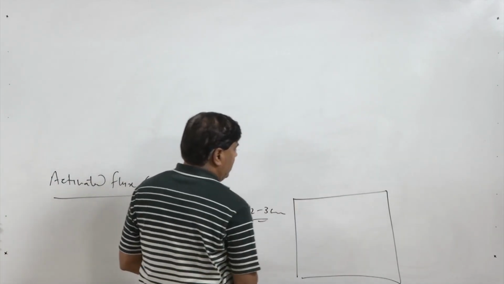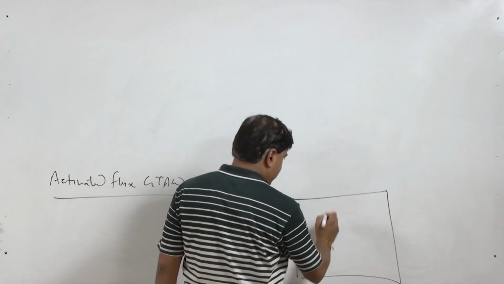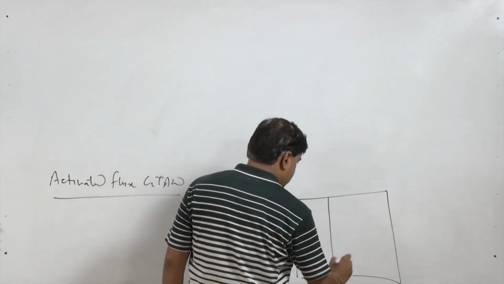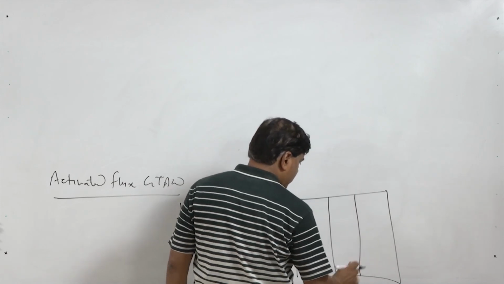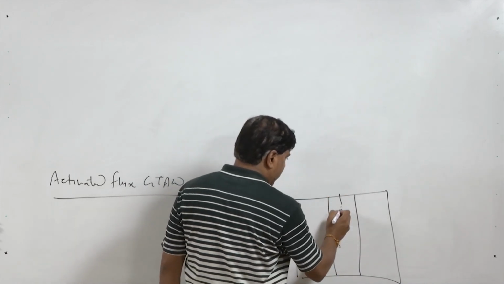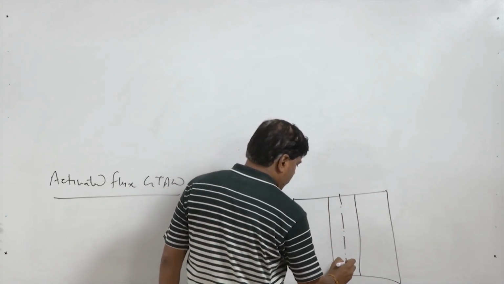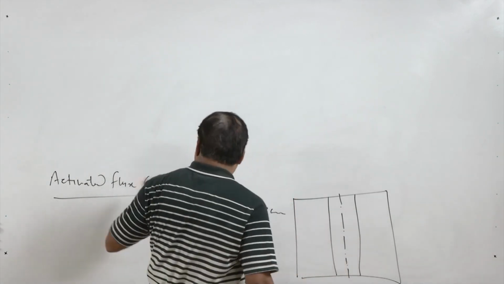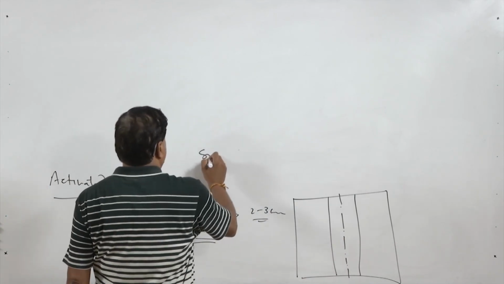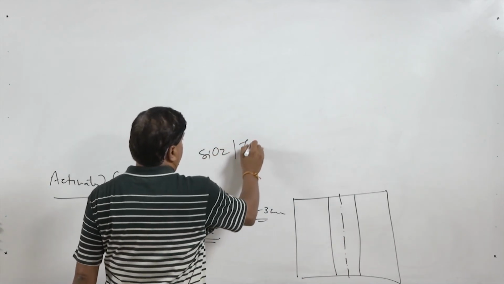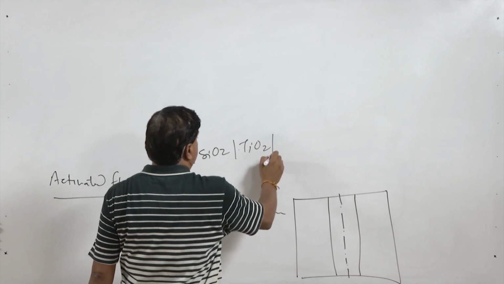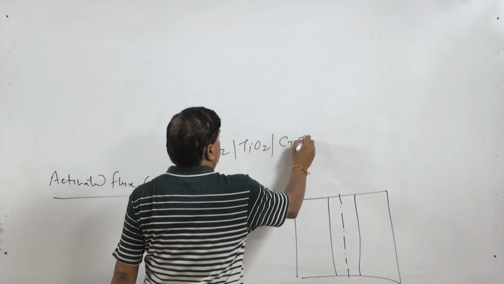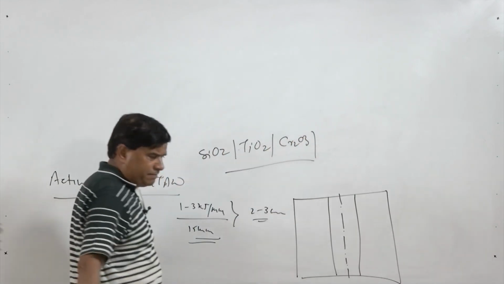Say this is the top view, and here this is the width and the center line of the weld. So, what we do in this process is apply one layer of activated flux. There are various activating fluxes like TiO2, SiO2, Cr2O3, molybdenum oxide, etc.